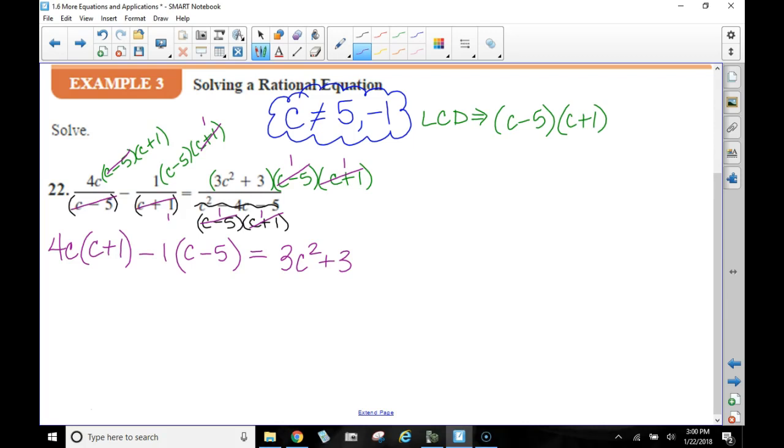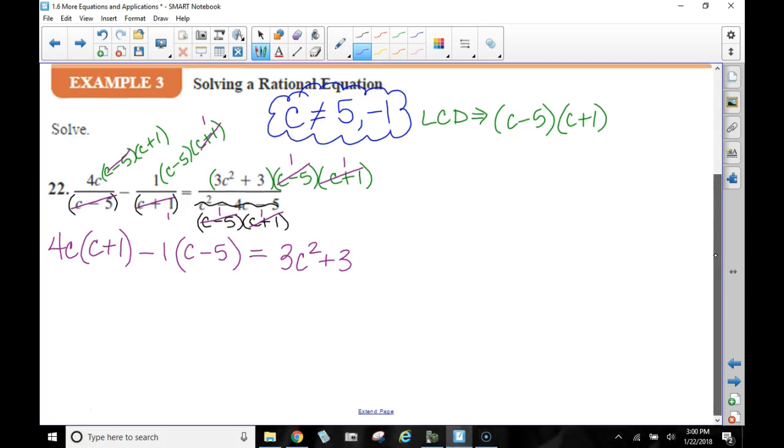Now we've got some cleaning up to do. Actually, that would be the left-hand side of our equation, so let's work on that. Run the 4c through, and we'll have 4c squared plus 4c. Run the negative 1 through, and we'll have minus c plus 5. And we notice we have a quadratic equation.